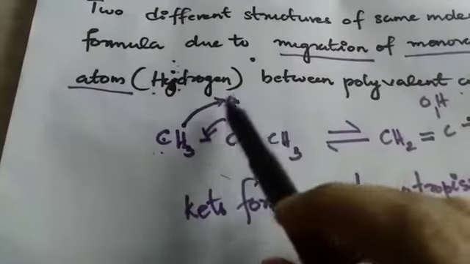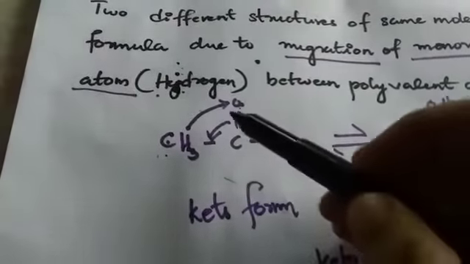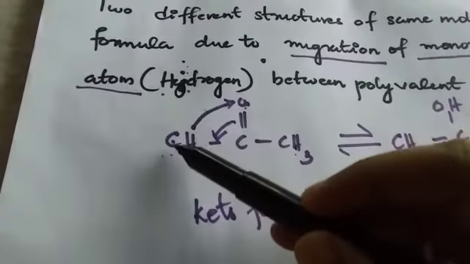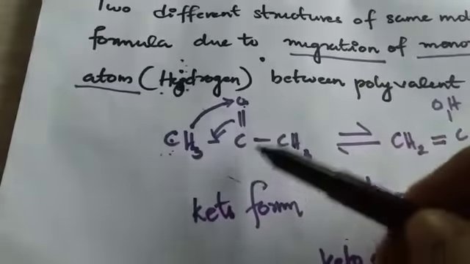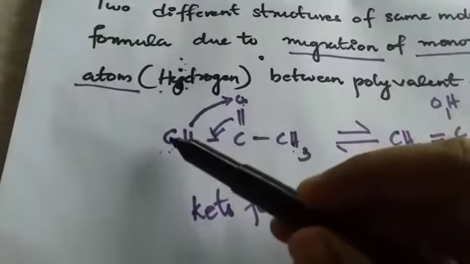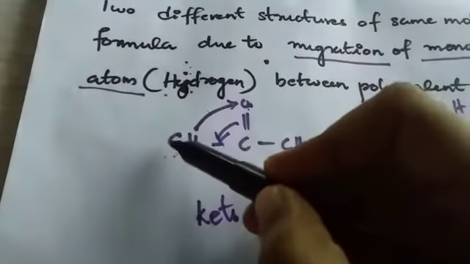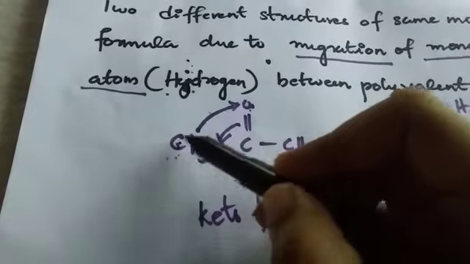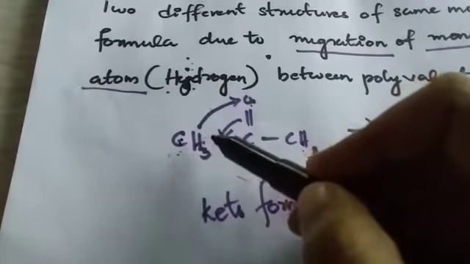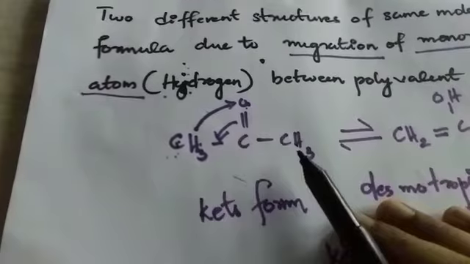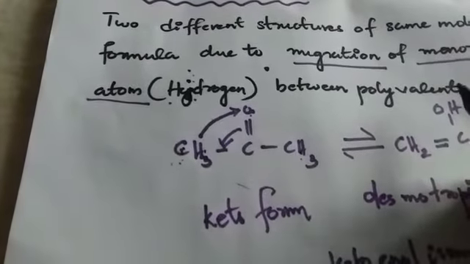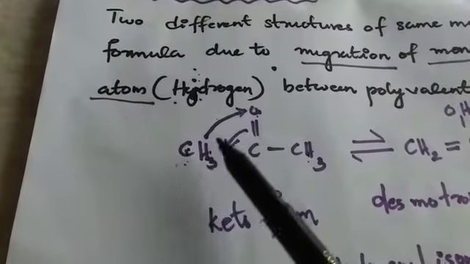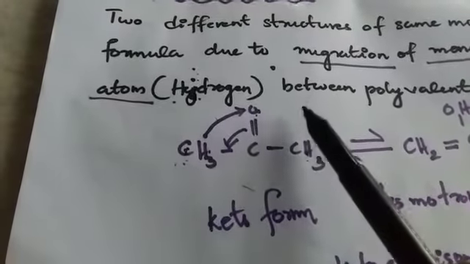The carbon which is attached to the carbonyl group is called the alpha carbon, and the hydrogen attached to this alpha carbon is known as the alpha hydrogen. So a compound must have a carbonyl group with alpha hydrogen, only then will it show tautomerism.